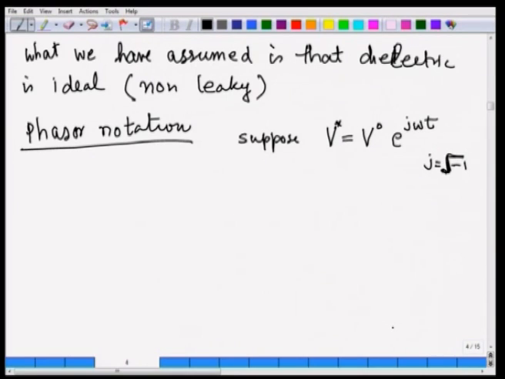So what is the voltage that we applied? The voltage that we have applied is actually the real part of V star, V complex.